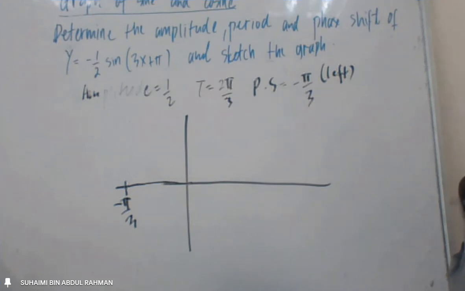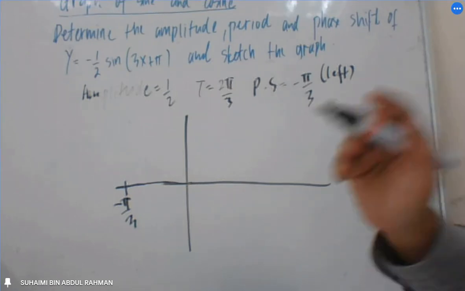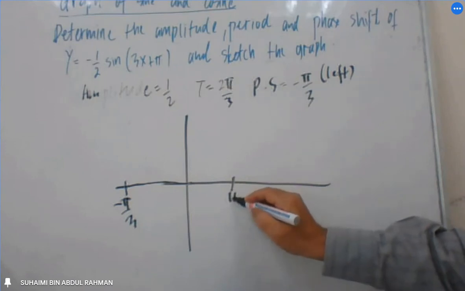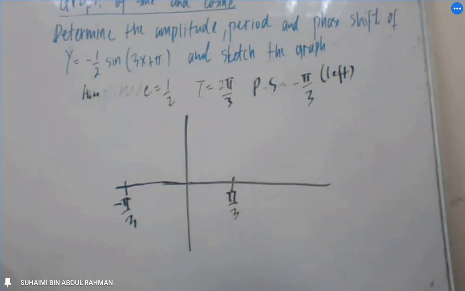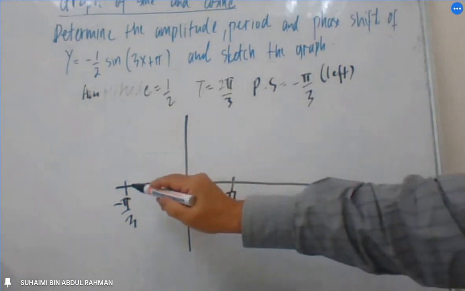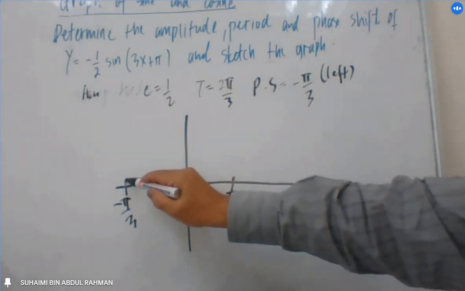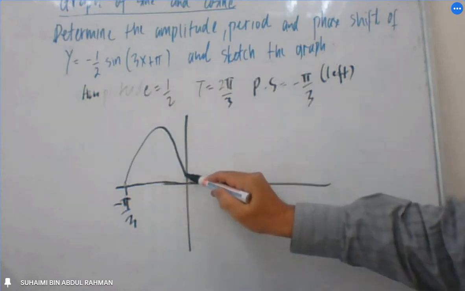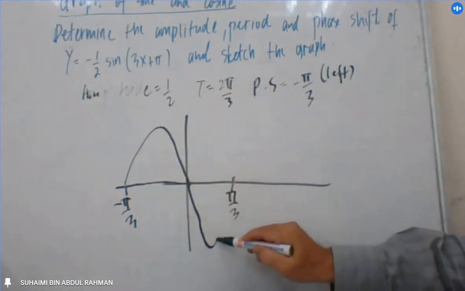Minus pi over 3 plus 2 pi over 3. Now, what do you get? Pi over 3. Right. This is a sine function. Therefore, the graph will be like this.